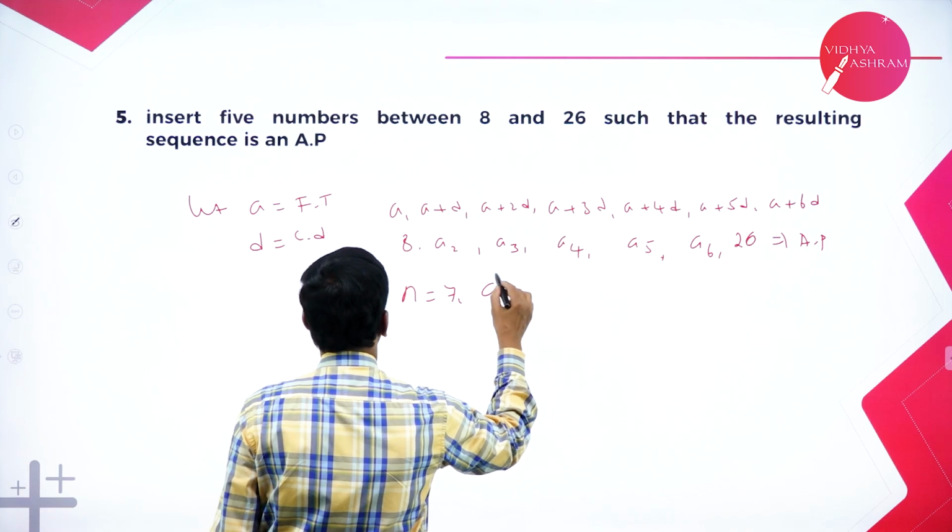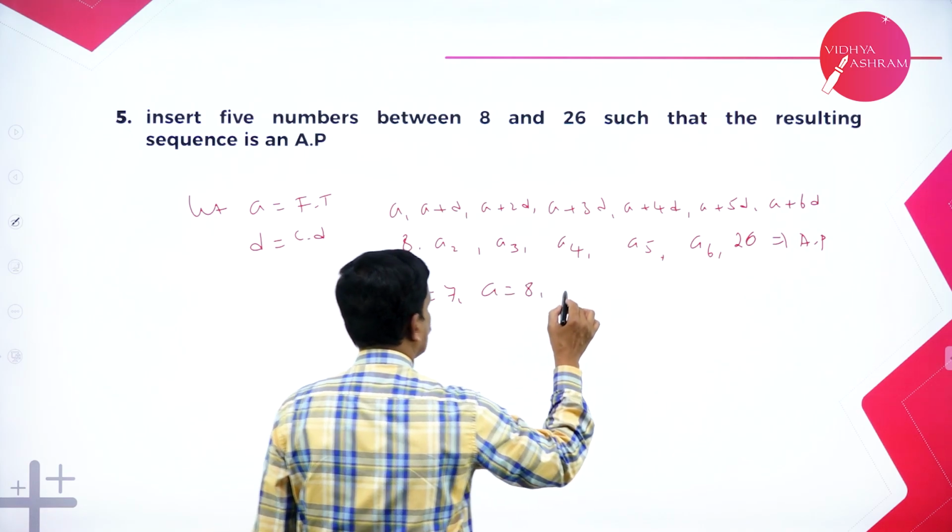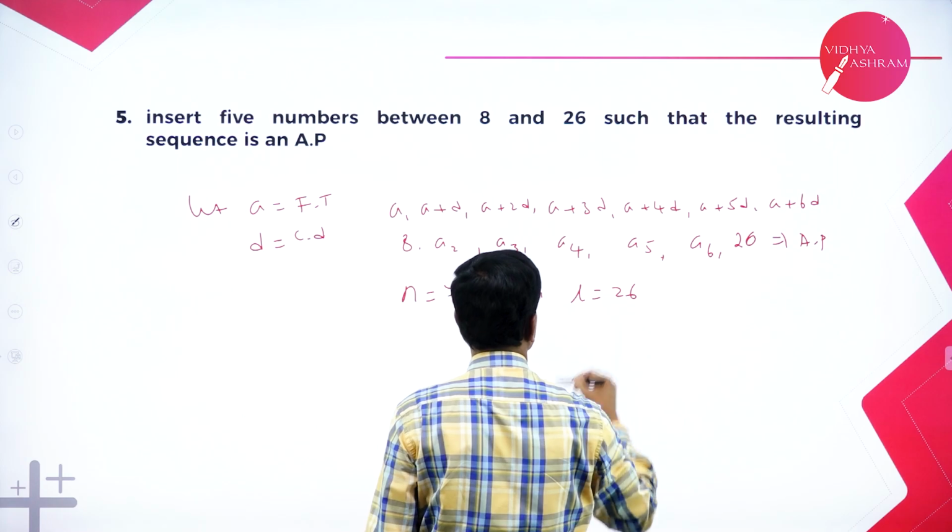And what is the first term? A is equal to 8. And what is the last term? L is equal to 26.